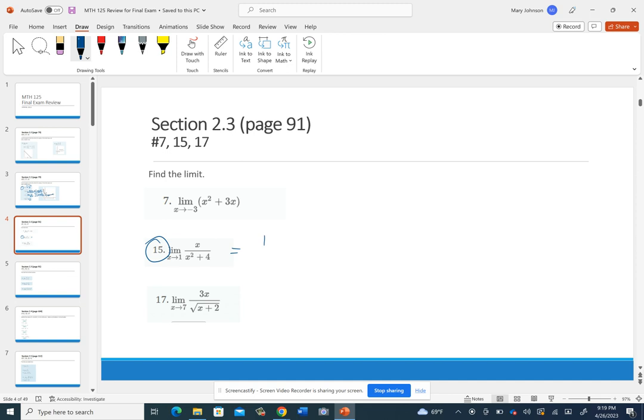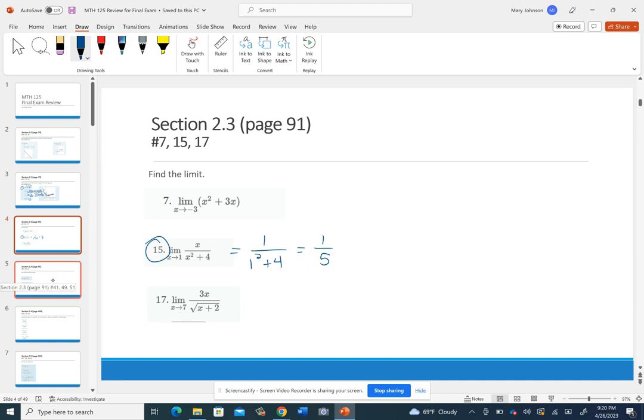Plug in 1 for x everywhere. And as long as you don't get anything undefined, like a 0 in a denominator or a negative under a radical, then that's a great way to do it. And we wind up with the answer being 1 over 1 plus 4, which would be 1/5, and we're done. Okay, you are going to have one that's that straightforward.